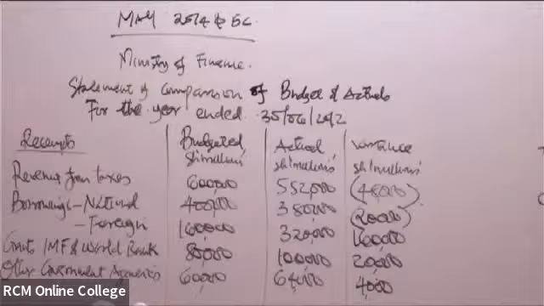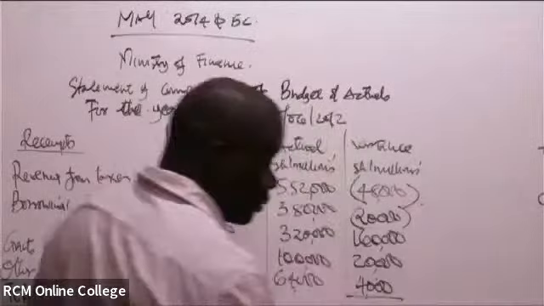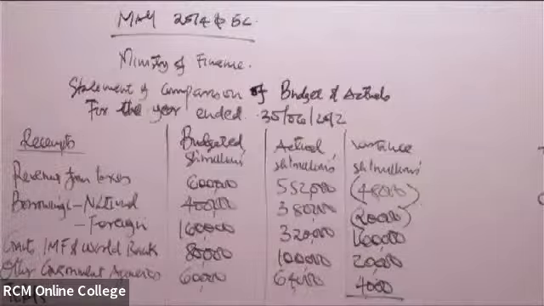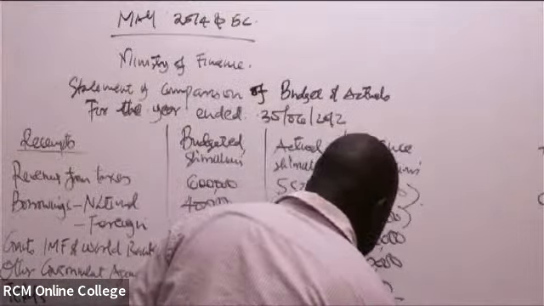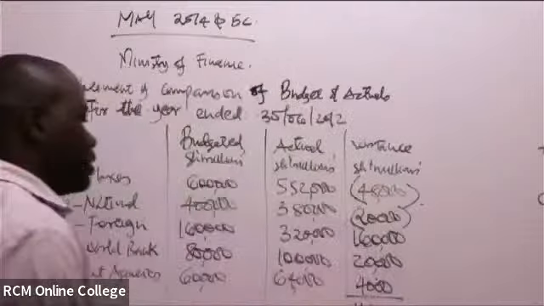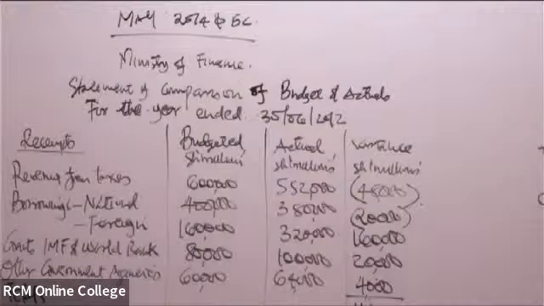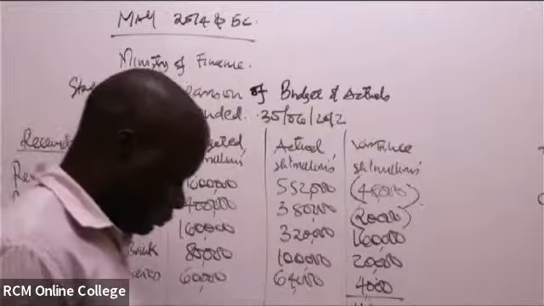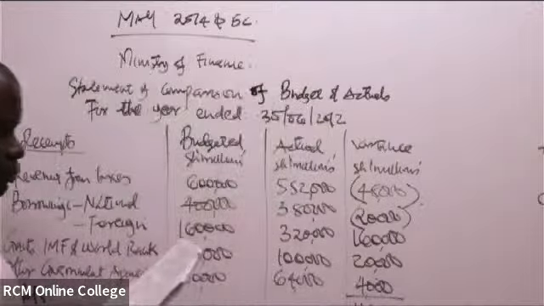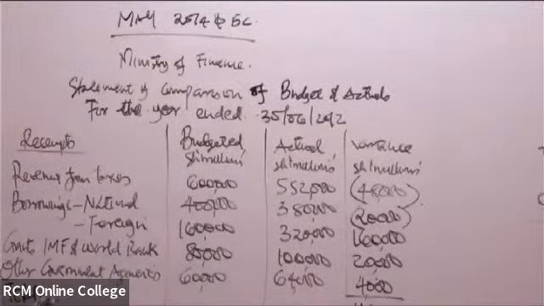So then in this case, we have the totals. What is the total for the receipts? You get in this case 116 billion.